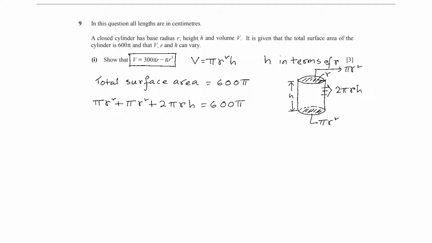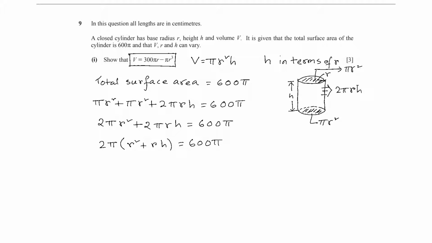Now in the next line we can write 2 pi r squared plus 2 pi r h is equal to 600 pi. From the left hand side, taking 2 pi as common factor, we can write 2 pi times r squared plus r h is equal to 600 pi.